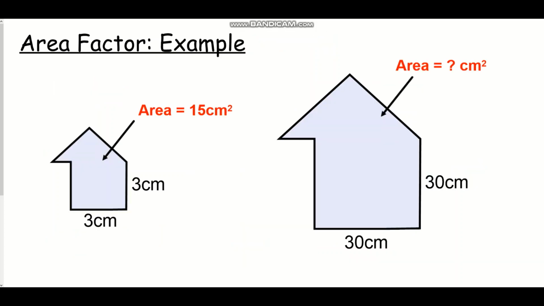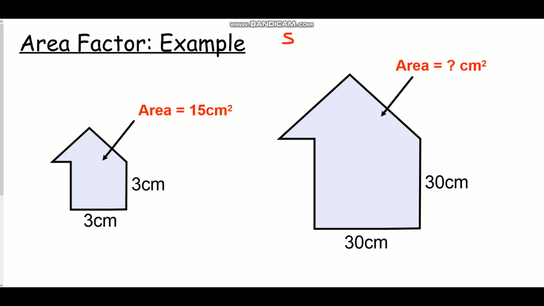So let's take an example like you'll see in your assignment on Show My Homework. I've got two shapes here in scale, and I need to find the area of the second shape by eventually finding the area factor and then using it like I would use a scale factor. So step number 1, I'm going to find the scale factor. That's nice and easy.